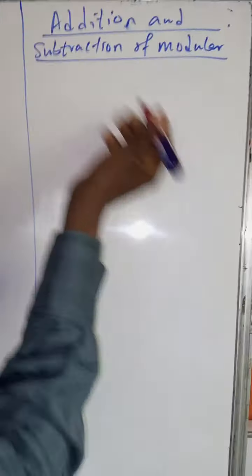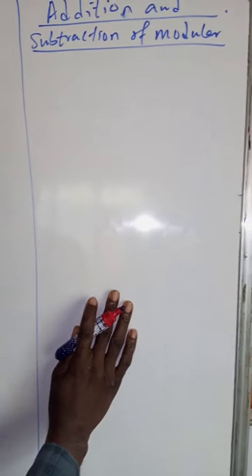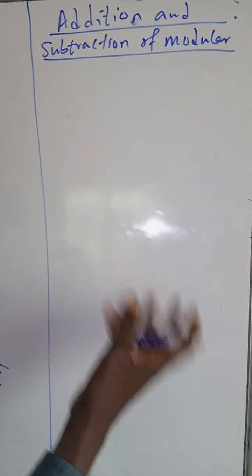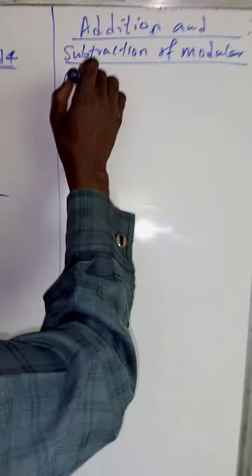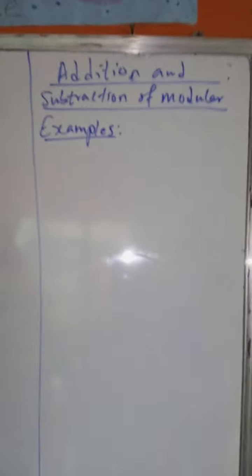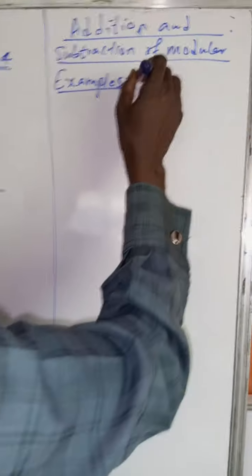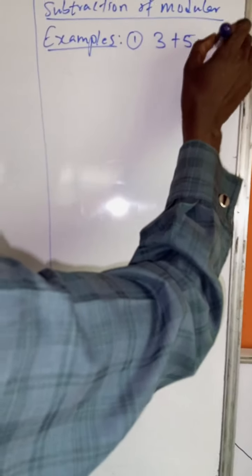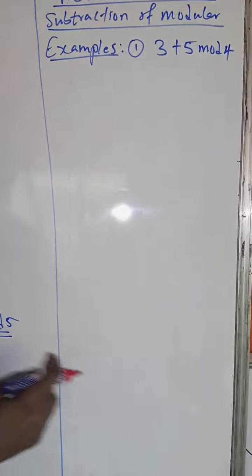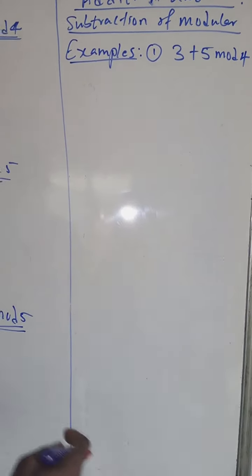Now, addition and subtraction of modular arithmetic are quite simple. We could do it the ordinary way and we could use our clock. So let's see examples under addition and subtraction. Let's say we are given 3 plus 5 mod 4.